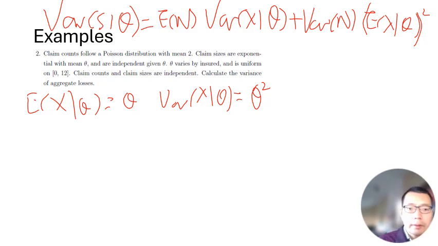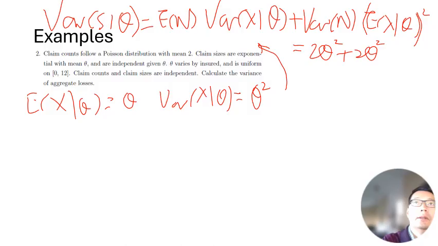N is the Poisson distribution. From here we can get this to be 2 theta square plus 2 theta square, equal 4 theta square.